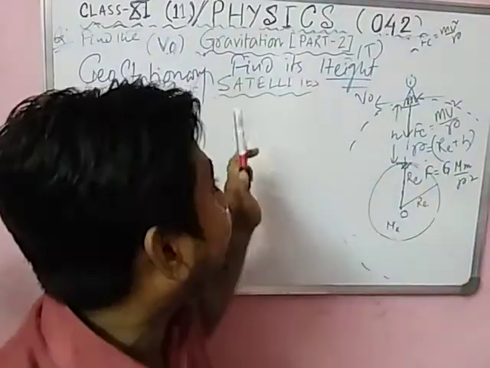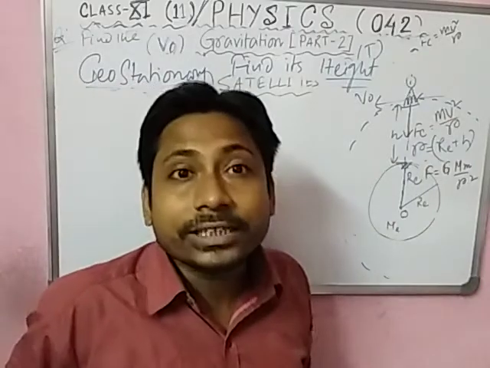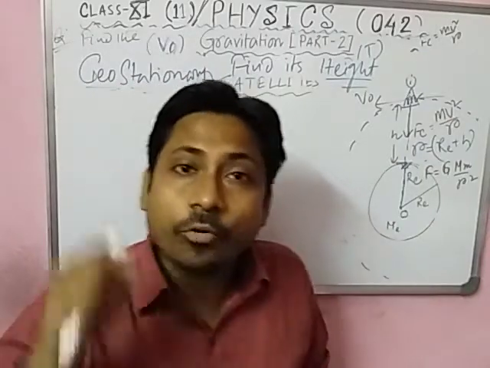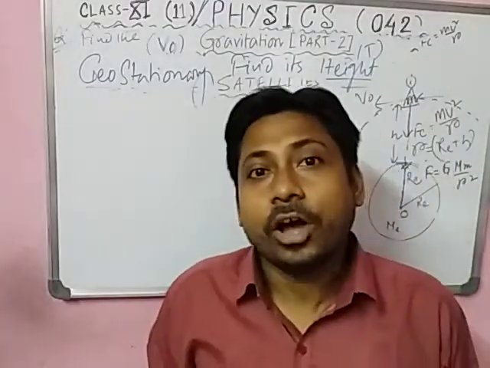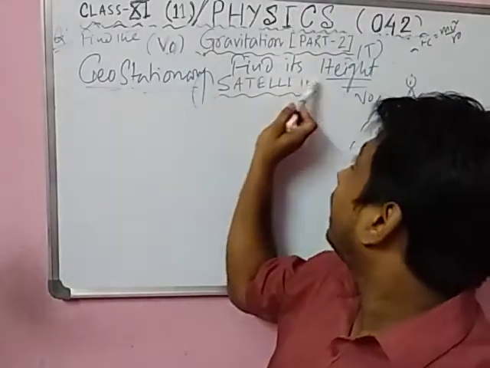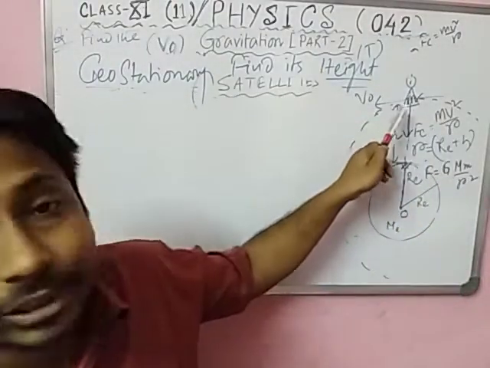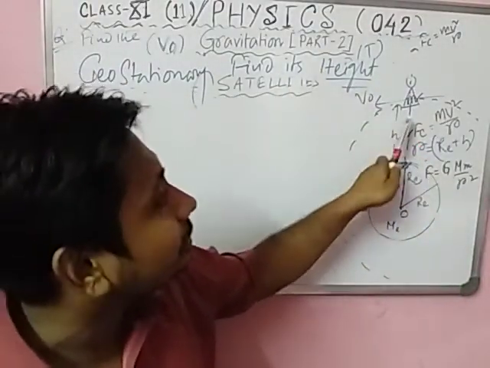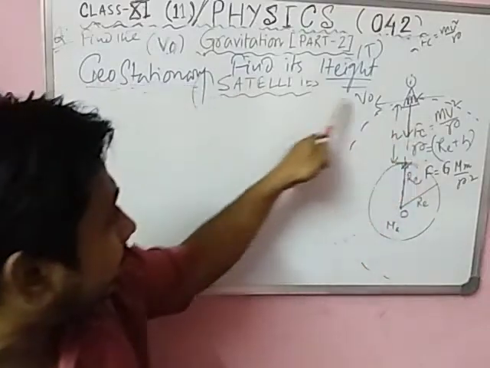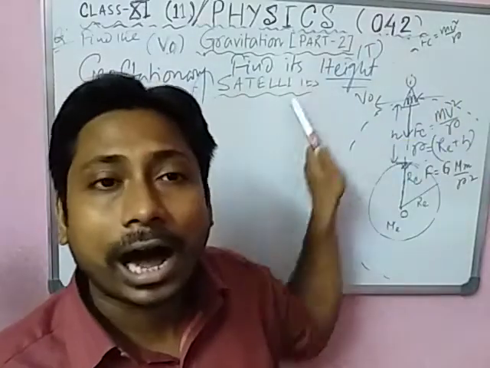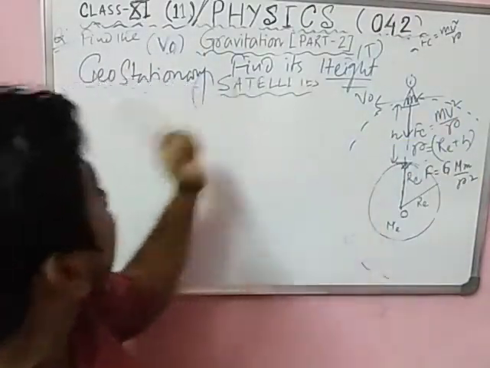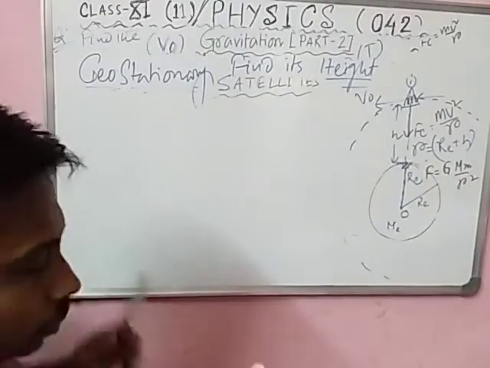To get the time period of the satellite as 24 hours, you have to find the height at which the satellite should be placed so that it could revolve around the earth in 24 hours.